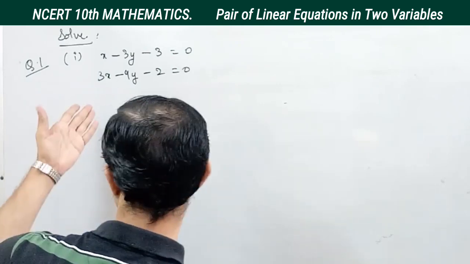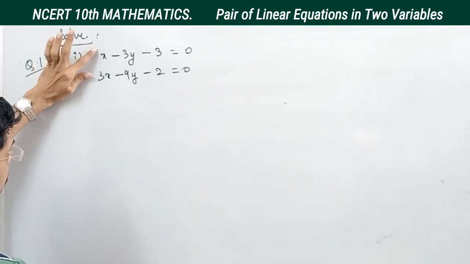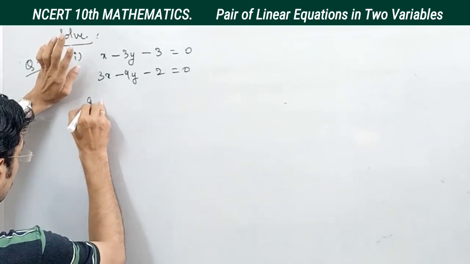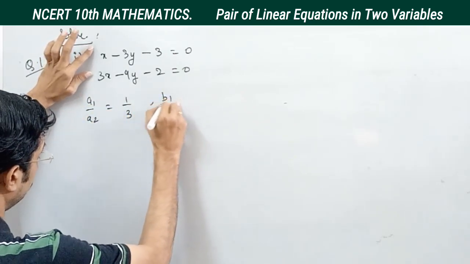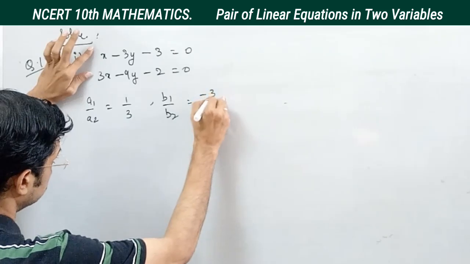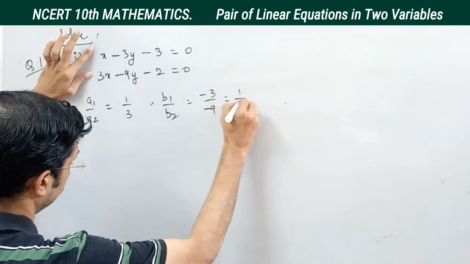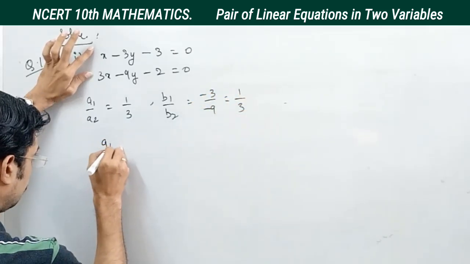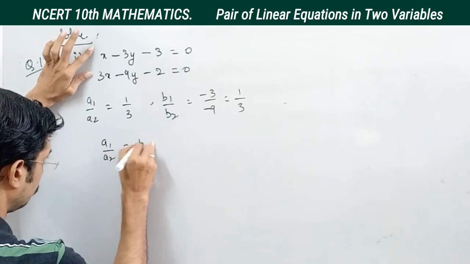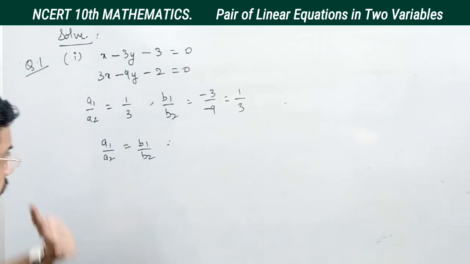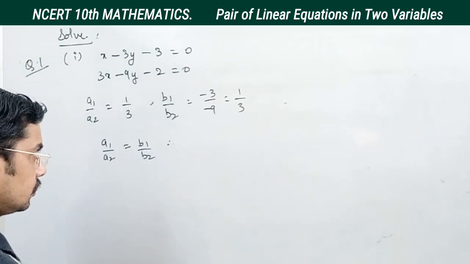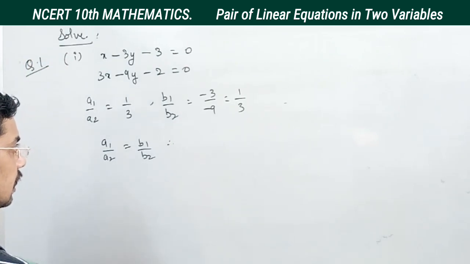Here it is very clear that when you observe, a1 by a2 equal to 1 by 3, b1 by b2 equal to minus 3 by minus 9, which is equal to 1 by 3. So here we have a1 by a2 equal to b1 by b2. Therefore it doesn't have a unique solution.